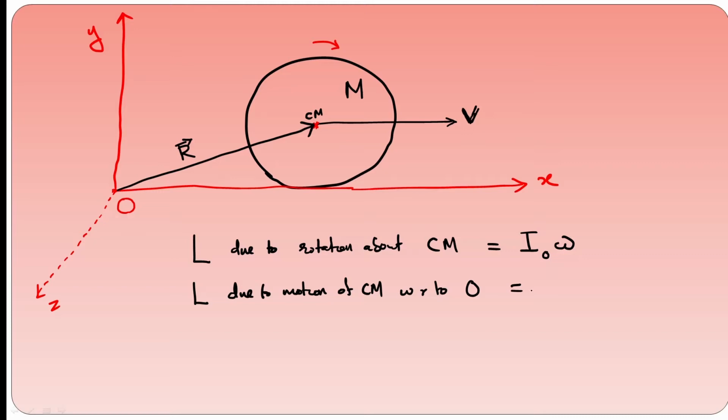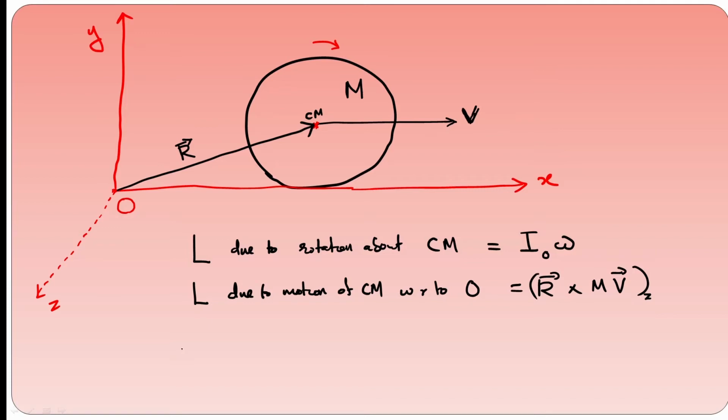Now we know it is R cross P, or R cross MV, and this will be in the Z direction. This I0 omega also will be in the Z direction, R cross MV in the Z direction.